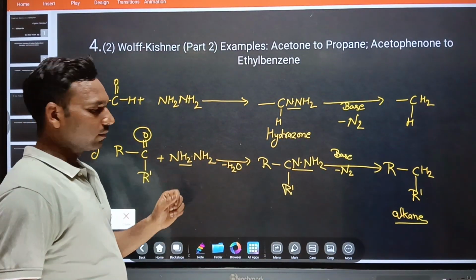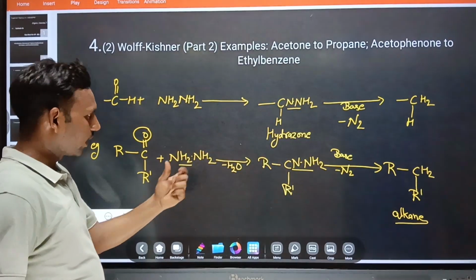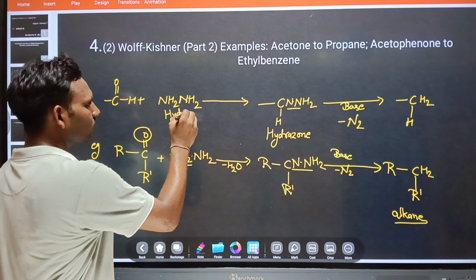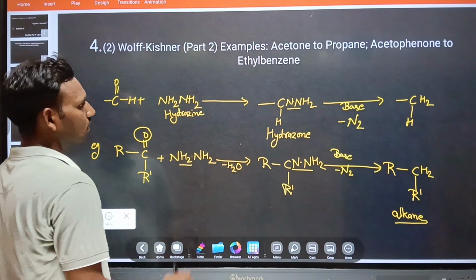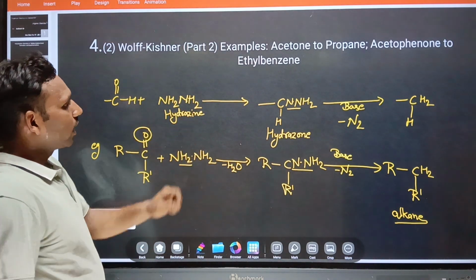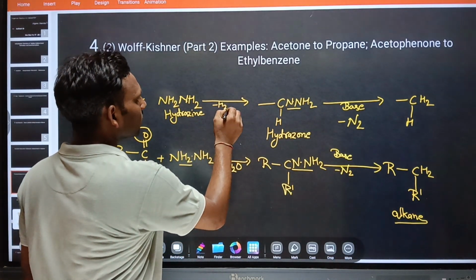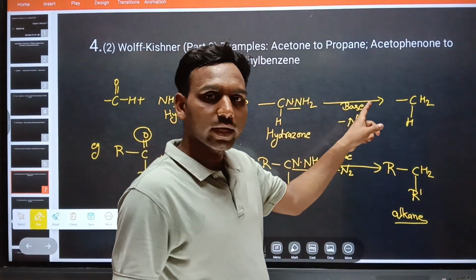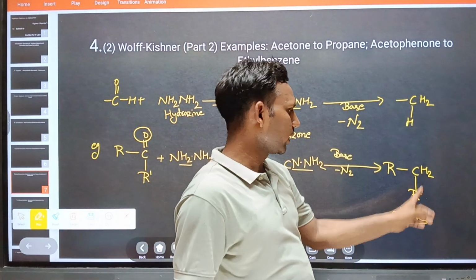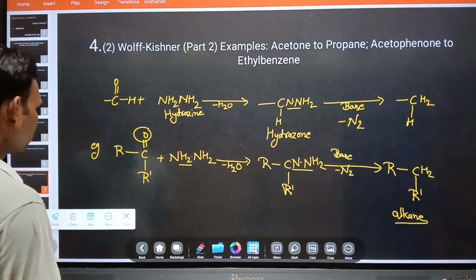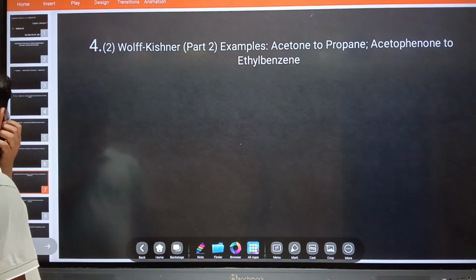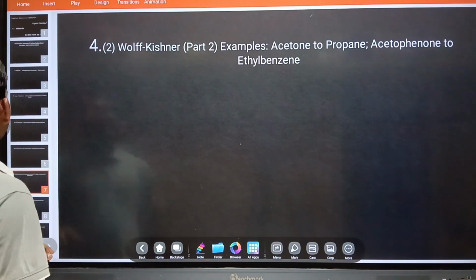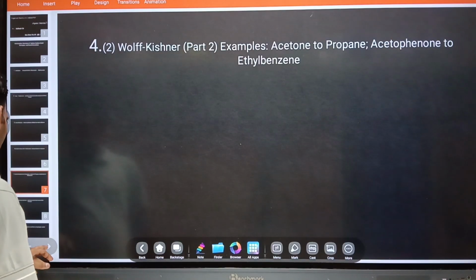First, again revise: ketone reacts with hydrazine, removing the water molecule. Then the hydrazone reacts in the presence of base, N2 is removed, and then the alkane group forms. So I hope you learned that, and now the next chemical reaction.